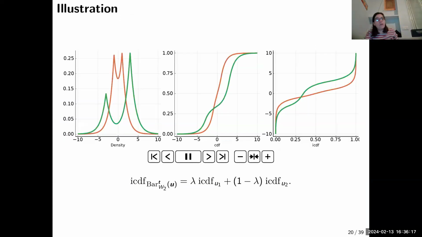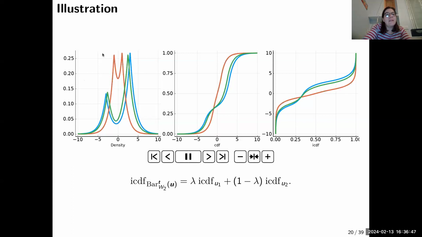Okay, so just to give you an idea of what these Wasserstein barycenters look like. Here consider two probability densities, one in orange and the other one in blue. You see here what the green curve represents: the Wasserstein barycenter between these two probability densities when you make the barycentric weight vary, basically here from 0 to 1. This is what happens in the left-hand side figure.